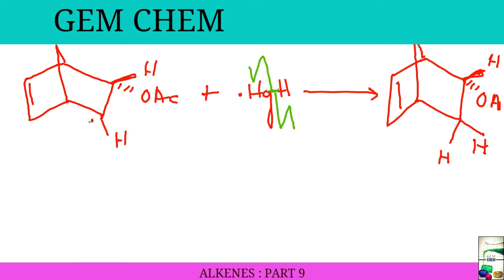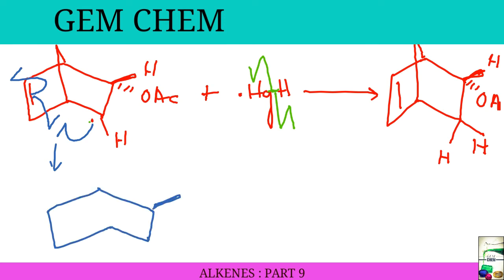Now in the next case, this opens up, this comes here, and this free radical goes here. So ultimately what we obtain is this kind of thing. That is, here is hydrogen as usual, here is OAc, here is hydrogen, and there is a bond formation between these two carbons, this one, and here a free radical, and this bridge remains as it is. Now what happens?